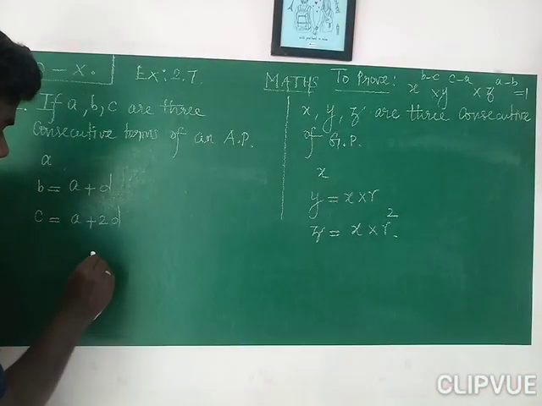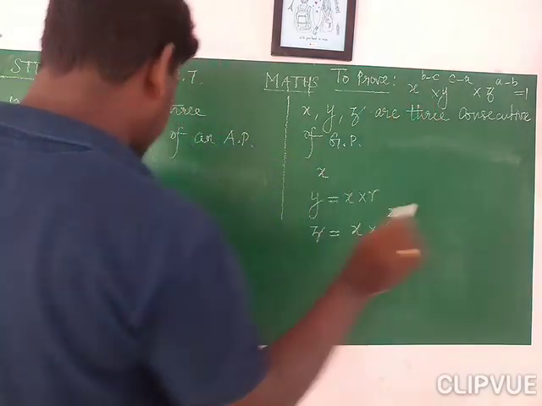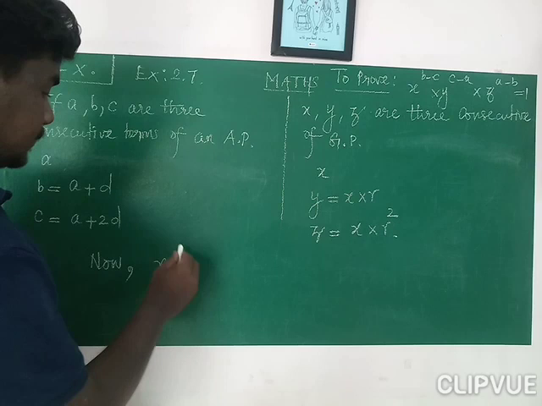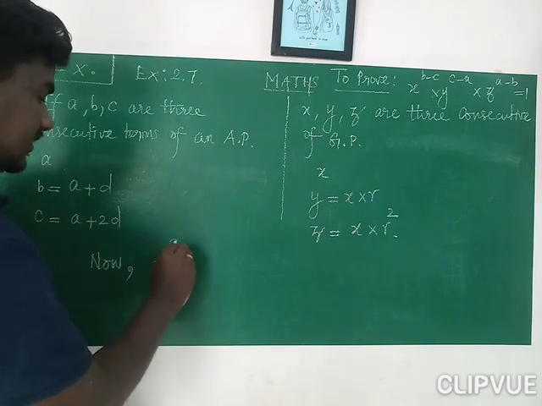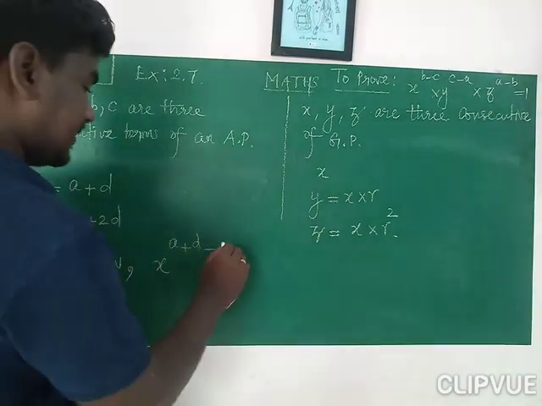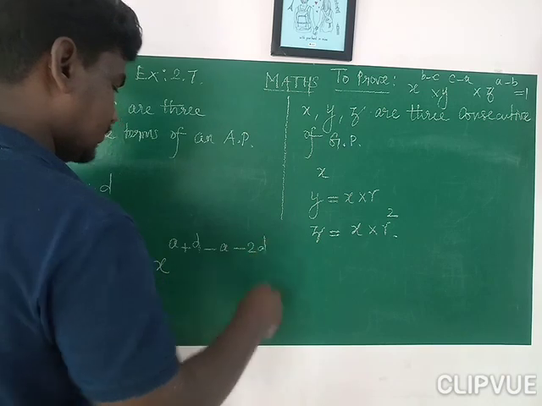So X, what is the value of X? X is X as it is, no changes, power B minus C. What is B? B is A plus D, minus C, which is A plus 2D.